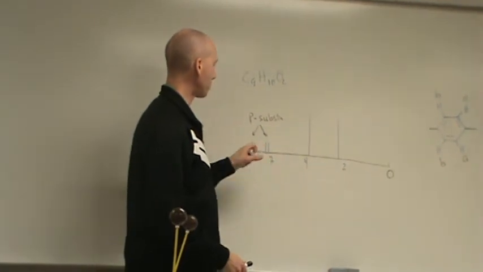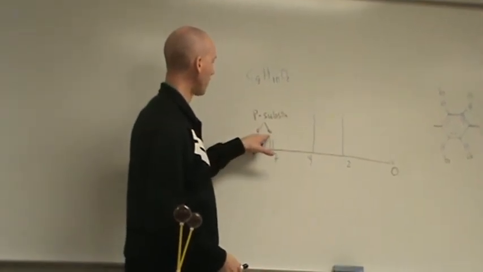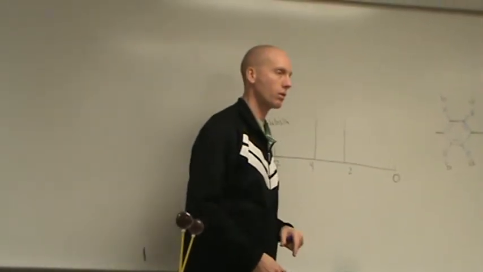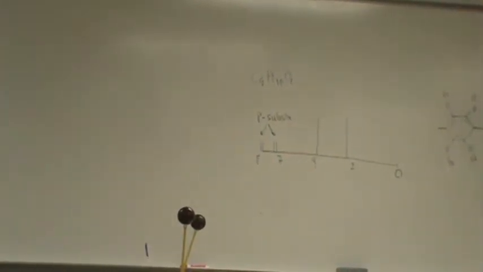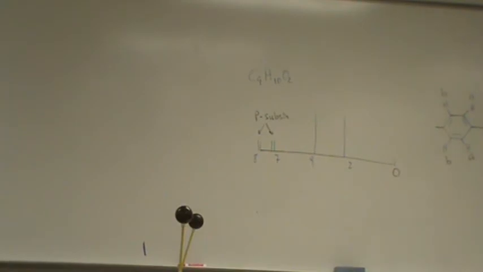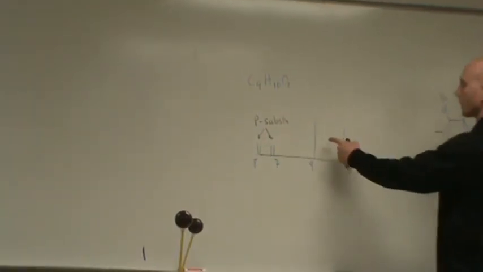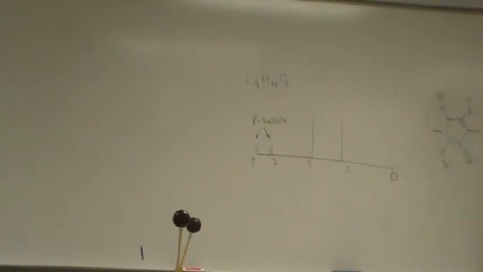So these two doublets are representing what? 2 hydrogens each, okay? So I've conquered that part of the NMR. I have it under my control. I have it under command, okay? Now I have to figure out these 2 things.